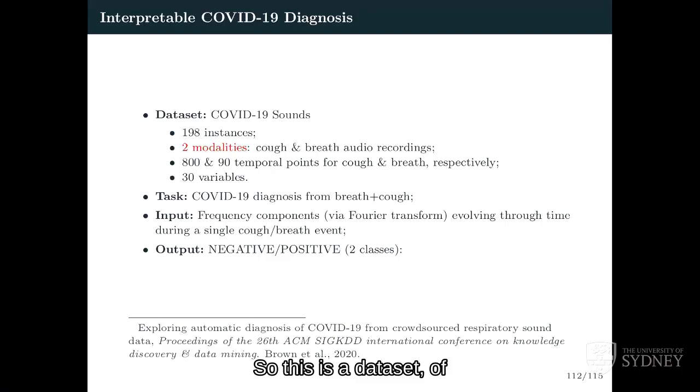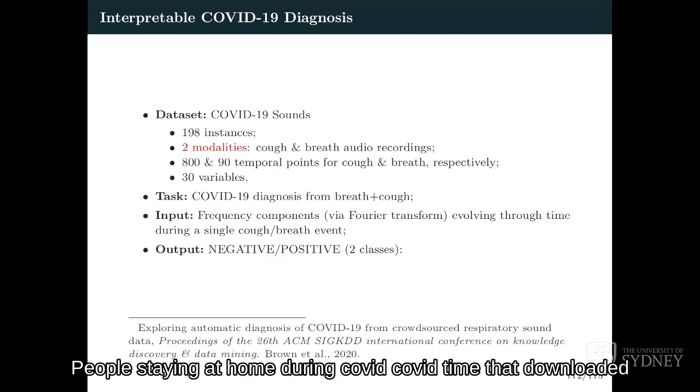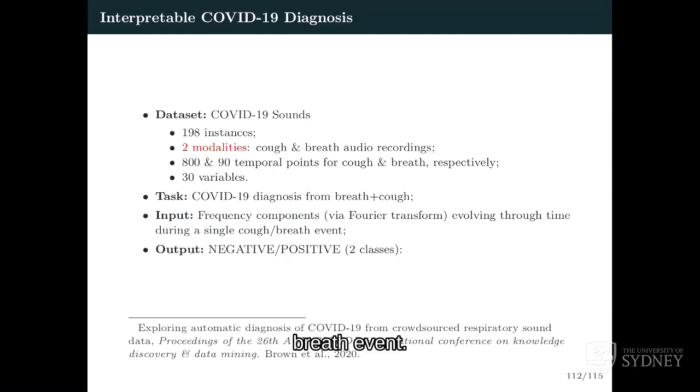This is a data set of 198 patients, not patients actually, people staying at home during COVID time, who downloaded an app and were asked to record the cough and breath events, essentially, and were asked if they had COVID or not. So each instance is described at the same time by a cough event, an audio recording of a cough event, and a breath event.